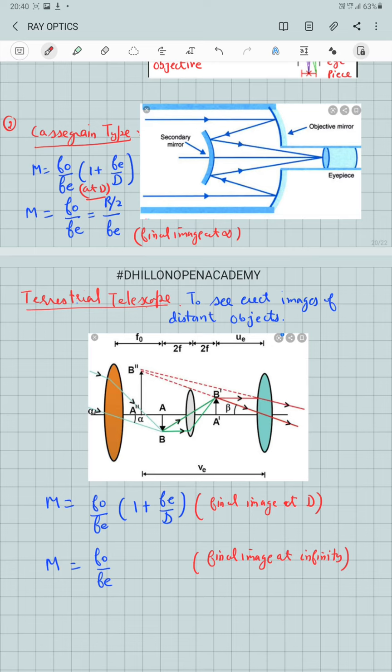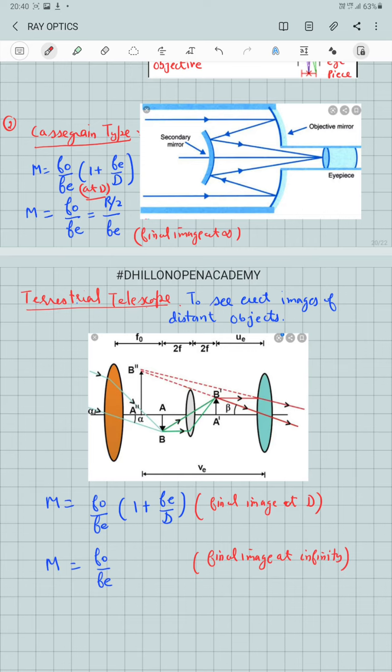So in order to observe an erect image, an erecting lens is placed in between the objective lens and the eyepiece, the function of which is just to erect the image formed by the objective so that the final observed image through the eyepiece is also erect in nature.